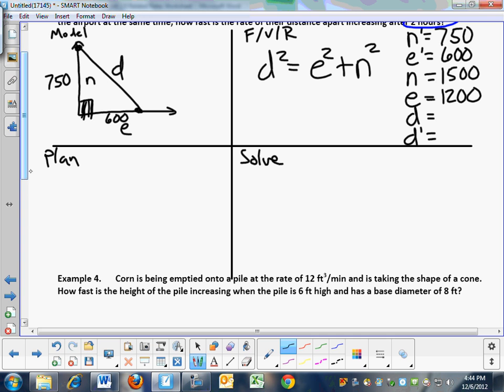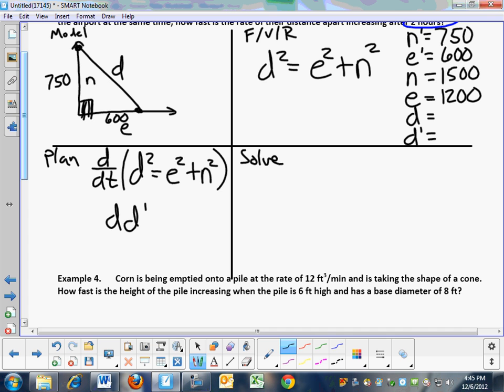So let's plan on taking the derivative with respect to time of d squared equals e squared plus n squared. You can see that when you take the derivative of this, you're going to come up with a d and a d prime, e and an e prime, n and an n prime. Do I have all those pieces?